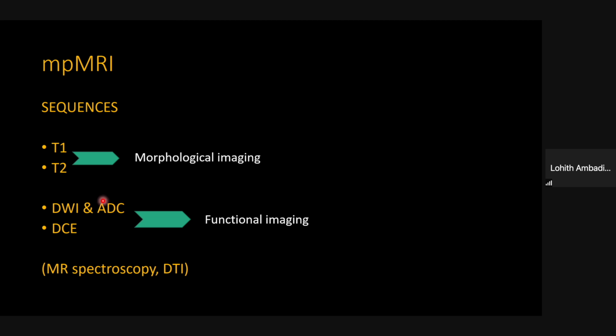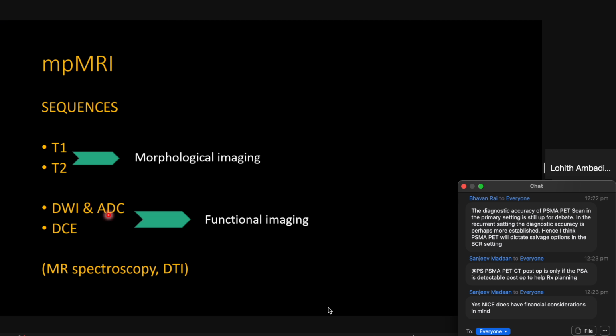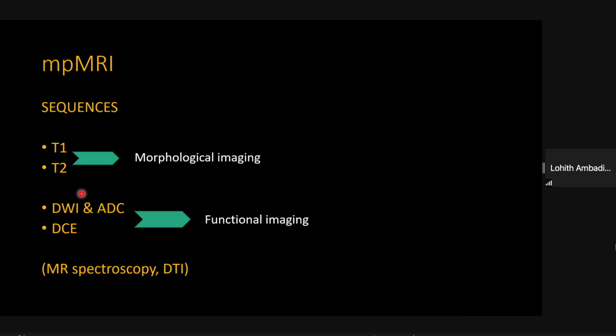So here I've mentioned DWI and ADC, which stand for diffusion weighted imaging and apparent diffusion coefficient. These are not 2 different sequences. We perform DWI with multiple B values. I'm not going to go into the technical aspects of diffusion weighted imaging, but just let me say that there are a lot of technical specifications that have to be right to perform the sequence.